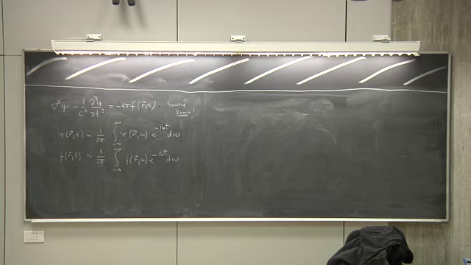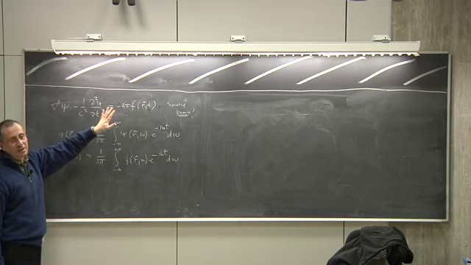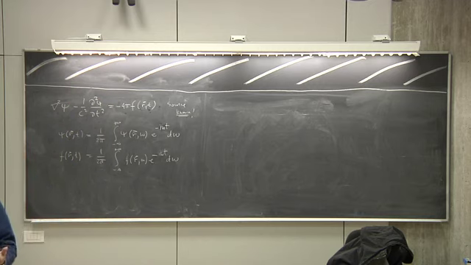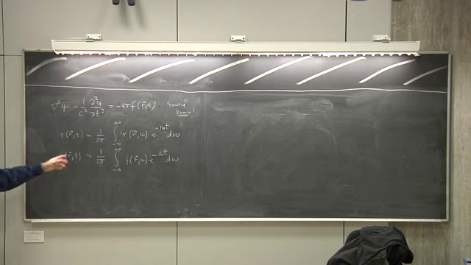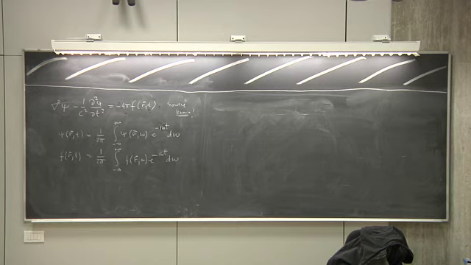You start with a differential equation, right? And we don't like differential equations, remember? Because they are difficult to solve. One thing we know how to solve are algebraic equations. So the Fourier transform turns a differential equation into an algebraic equation, right? That we know how to solve.